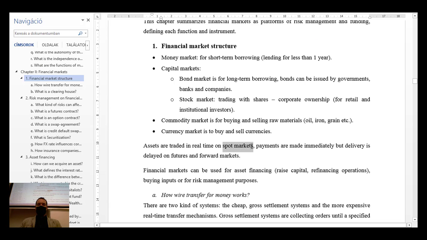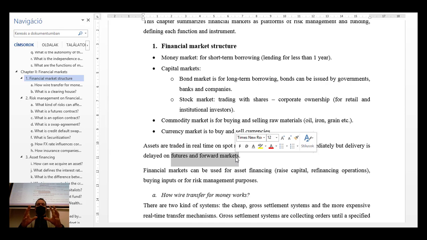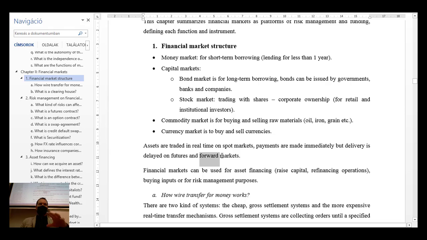One is the spot market, when you are giving the money, signing the contract and delivering the product at the same time. And also there are futures and forward markets. Futures markets are market-based platforms. Forward markets are defined by banks, but mostly futures are transparent and everybody follows them. Forward markets are just a segment under this.